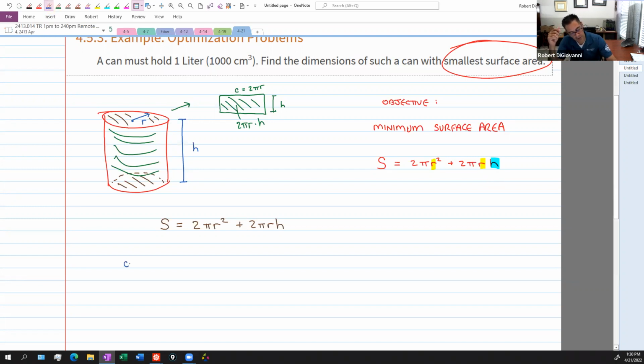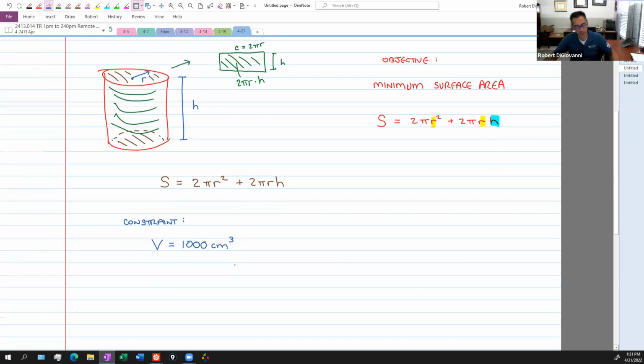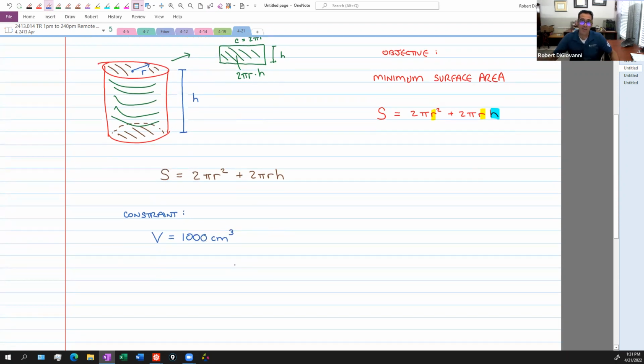The constraint on this is that the volume of this has to be 1 liter. And I've already told you how much a liter is. A liter is 1,000 cubic centimeters. That is the restriction, right? But what is the volume of a can?